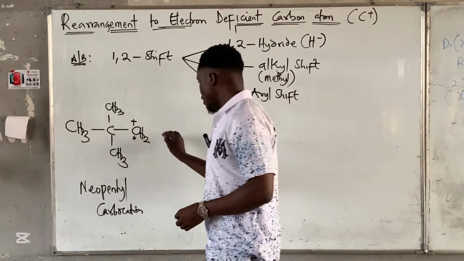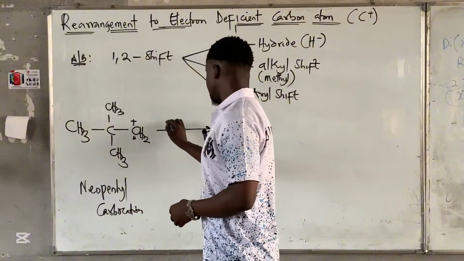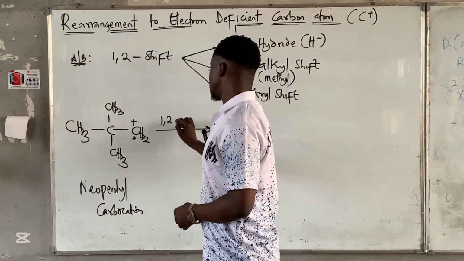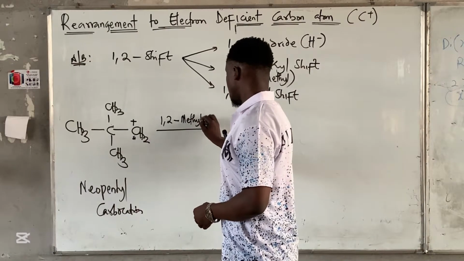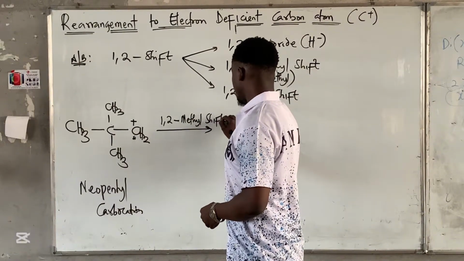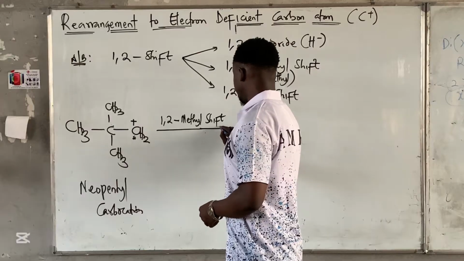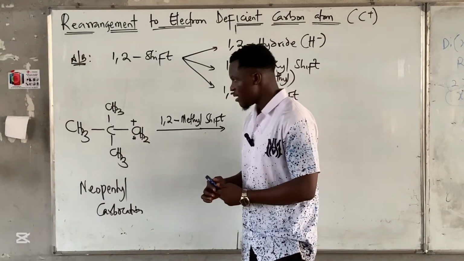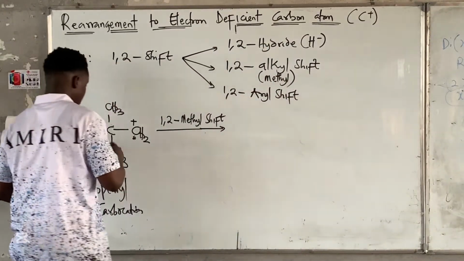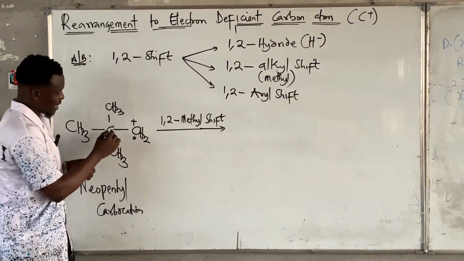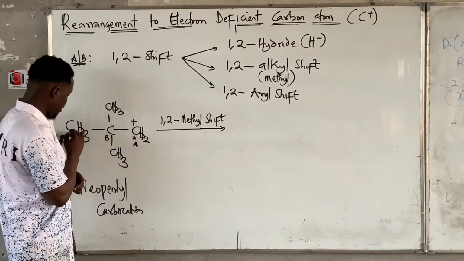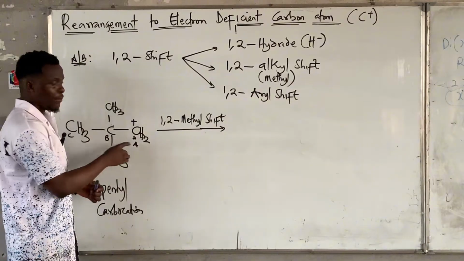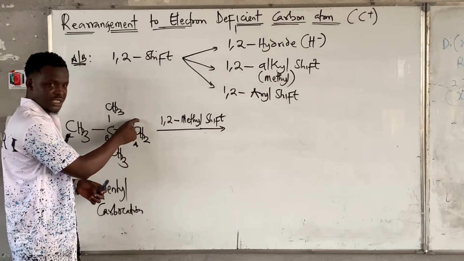Now, I'm going to have something like this: 1,2 methyl shift. Why did I say methyl shift? Now look at this. If I move this methyl, any one of these methyls on this carbon, let's label this carbon here: carbon A, carbon B, and carbon C. Carbon A is the carbon bearing the positive charge.